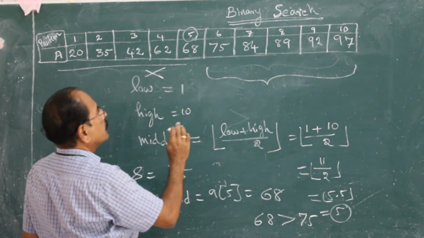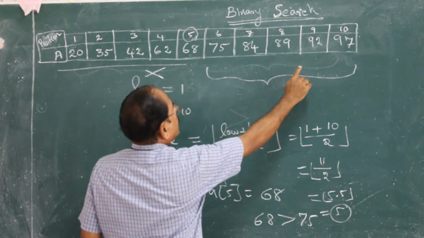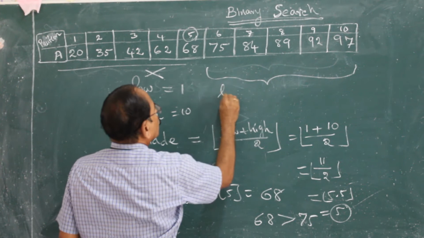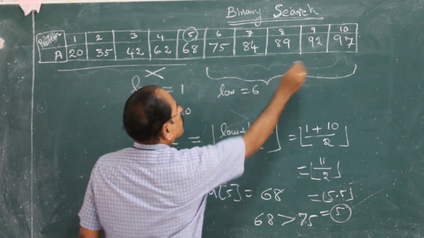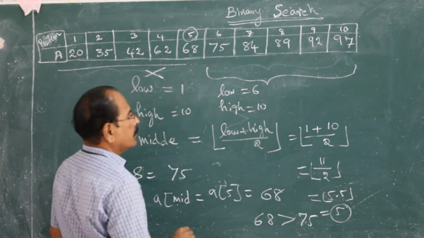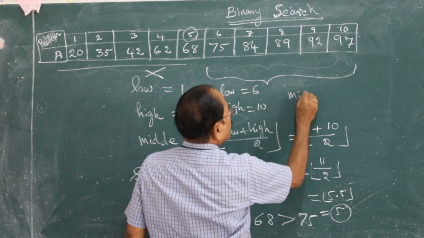So now, starting now, the array to be processed is positions 6 to 10. So here, low equal to 6, high equal to 10. Among these positions, now we have to find mid.